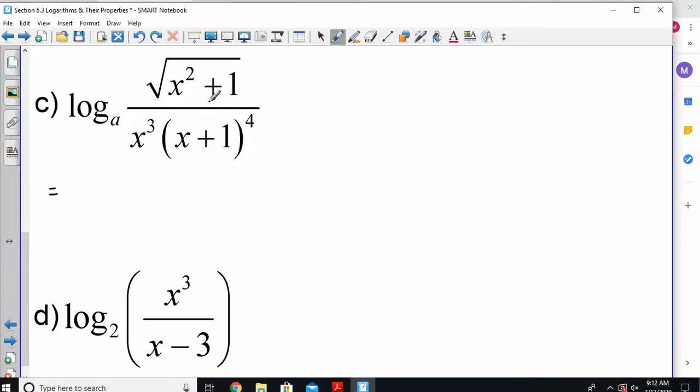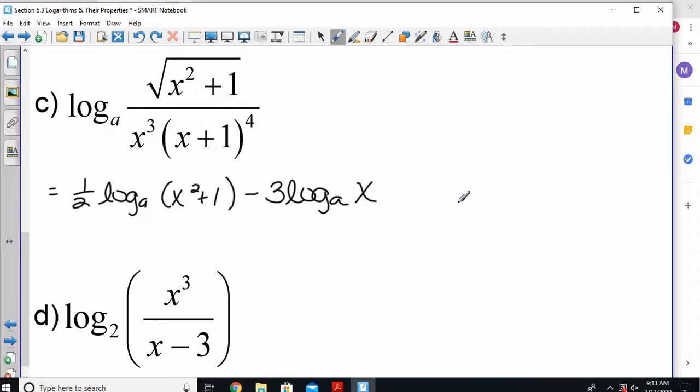The square root is what kind of power? 1/2. And then what happens with your power? So we have 1/2 log base a of the x squared plus 1. Can I bring down my square? No, because I have something added with it. This is on the bottom, so minus 3 log base a of x.